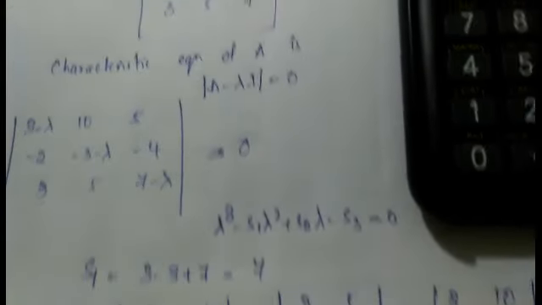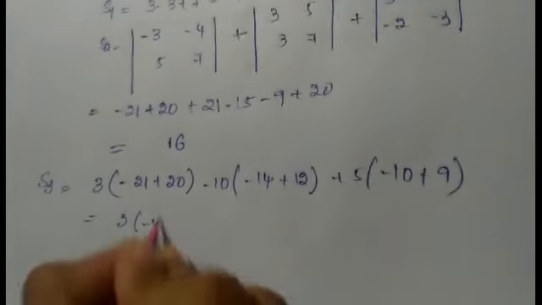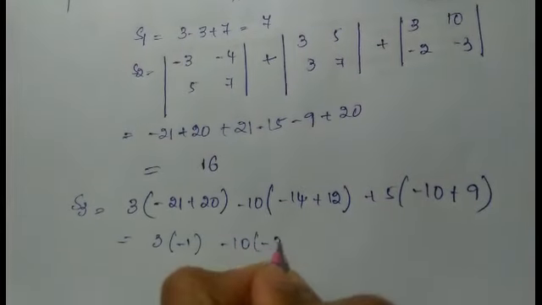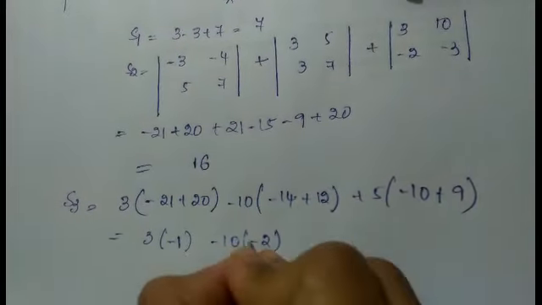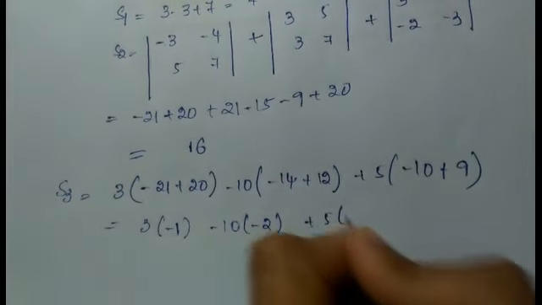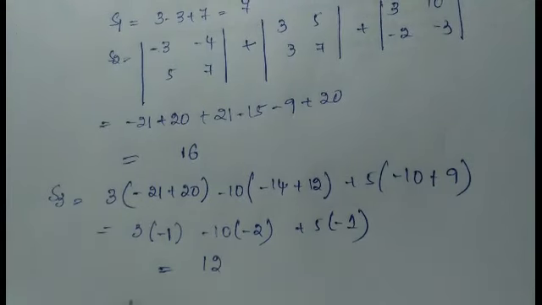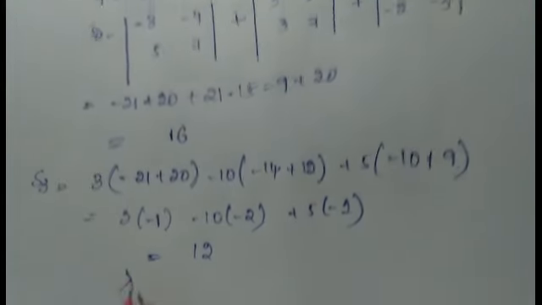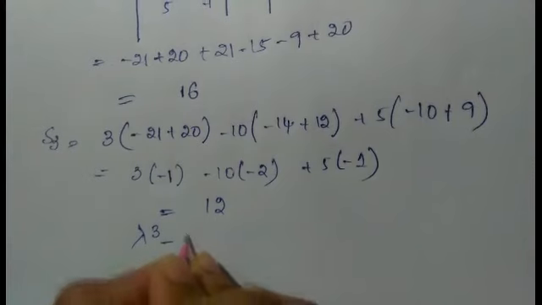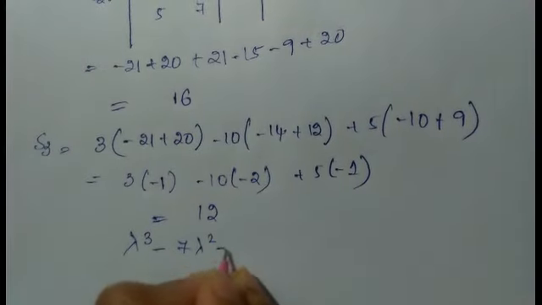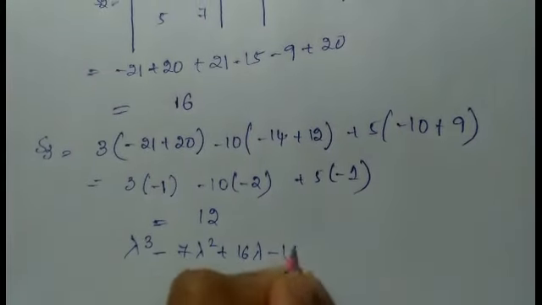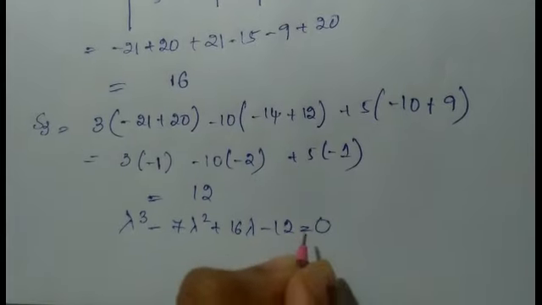Then we get 3 into minus 1, minus 10 into minus 2, plus 5 into minus 1, and that equals 12. So the equation comes as lambda cube minus 7 lambda square plus 16 lambda minus 12 equals 0. This is the equation we got.